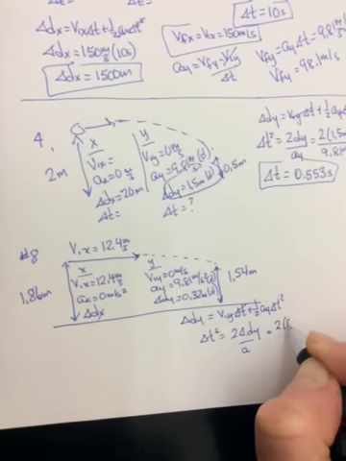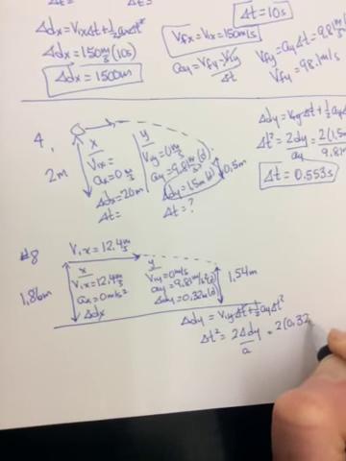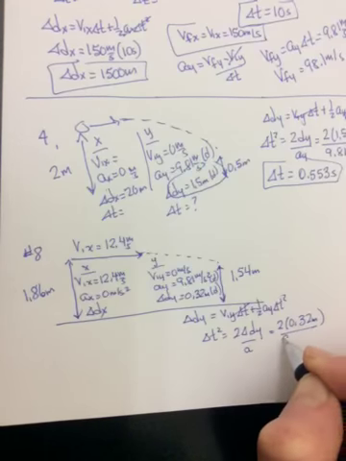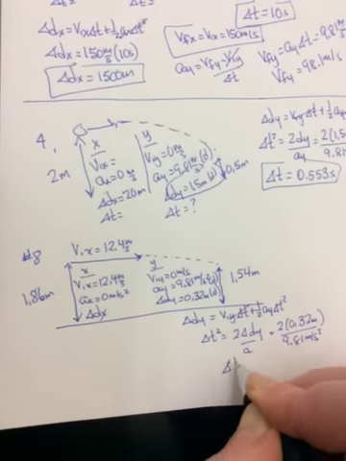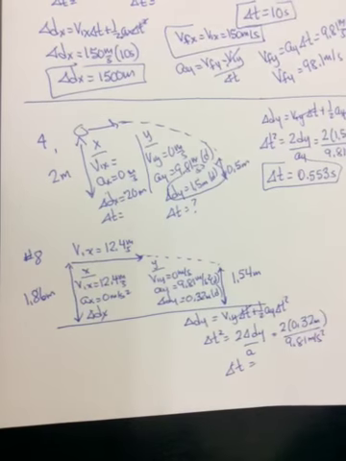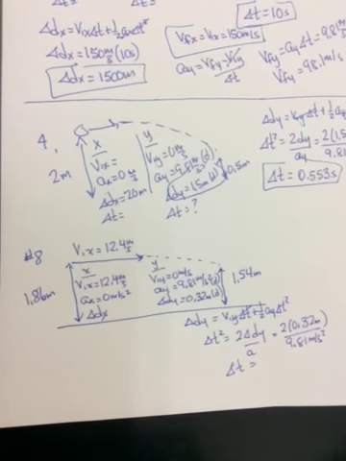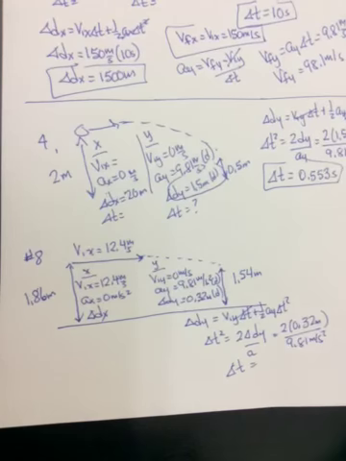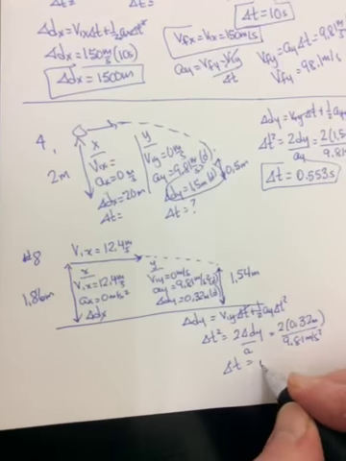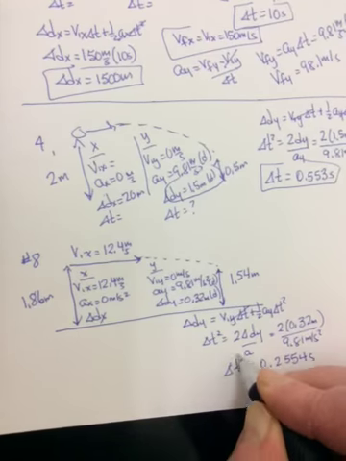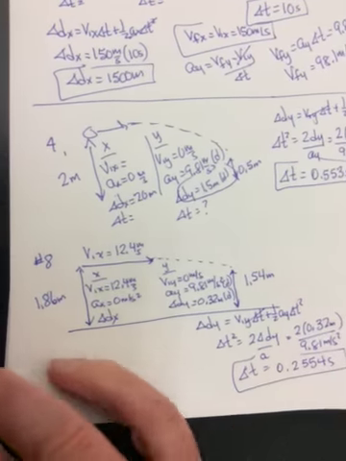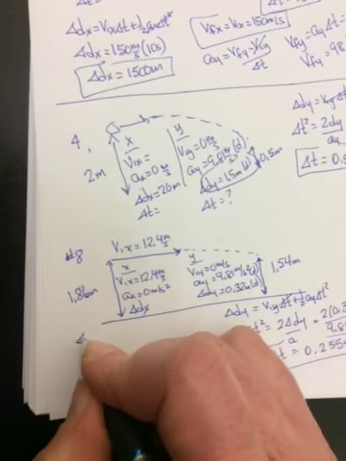So 2 times 0.32 meters divided by 9.81 meters per second squared. Remember, that's going to be t squared, so you need to take the square root. And you should get 0.2554 seconds.